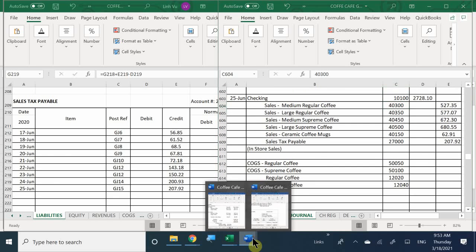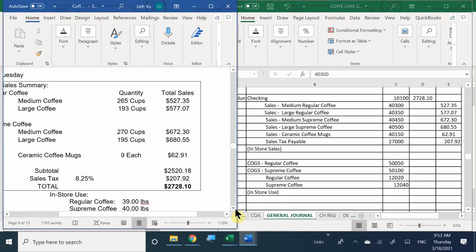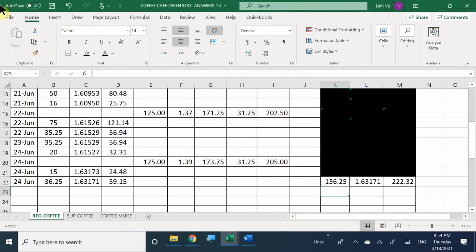So here we're given that for regular coffee, we used 39 pounds, and for Supreme Coffee, we used 40 pounds. So let's enter that into our inventory worksheet.